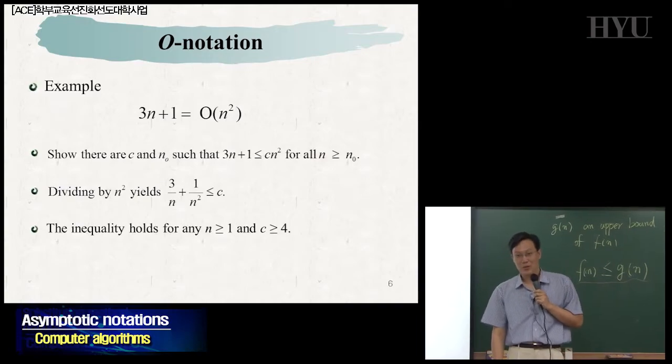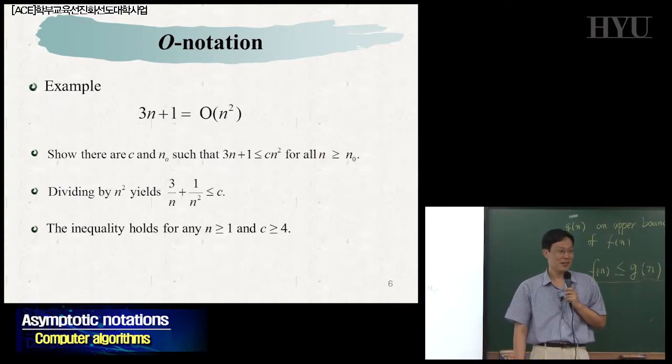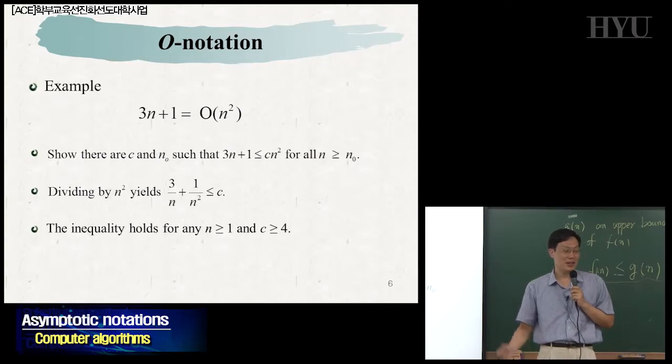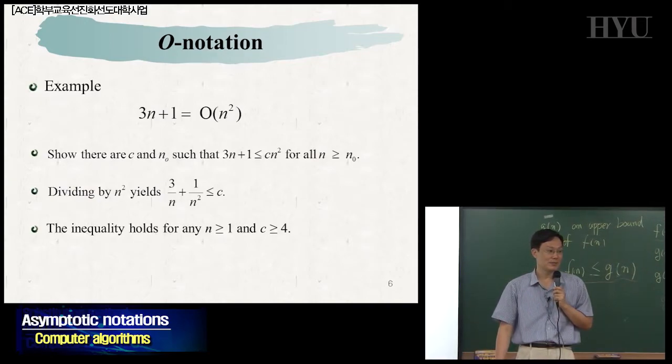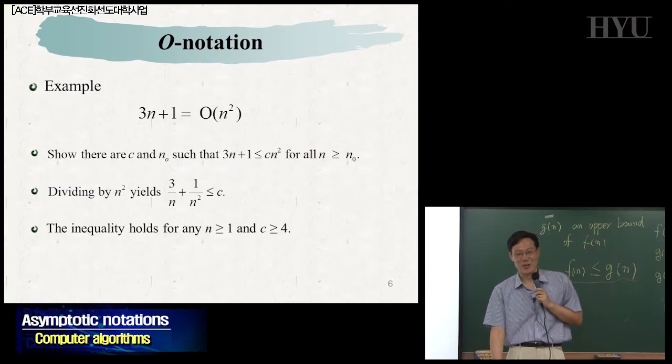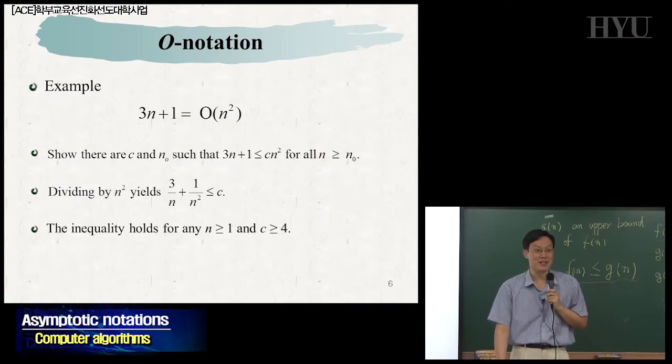왕재민, when is this function maximized? We know that n is a positive integer, and the function is decreasing. When n is 1, it is maximized. And what's the value of the function? It's 4.